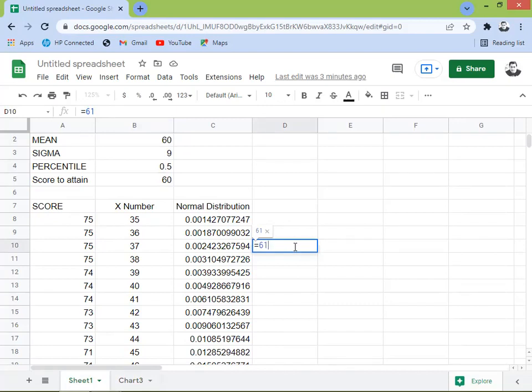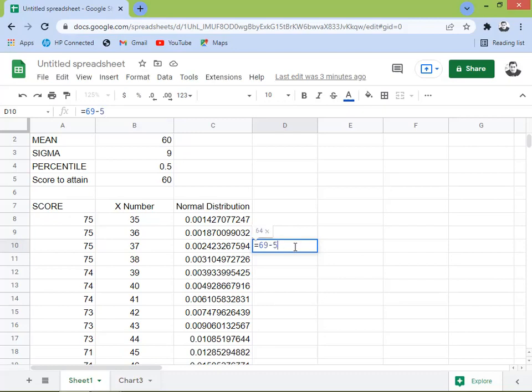The mean is 60 plus 9, which is 69, and 60 minus 9 for the negative sigma is 51.